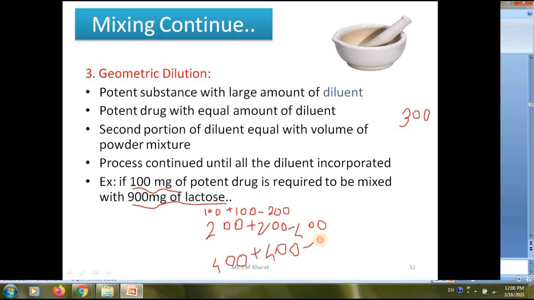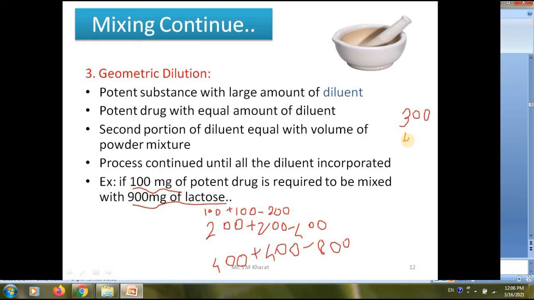So how much does it become now? That becomes 800 mg. Previously we have added 100 mg of lactose, then secondly we added 200 mg of lactose, so it becomes 300.